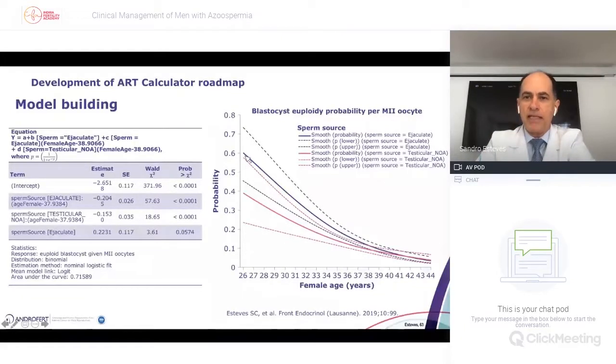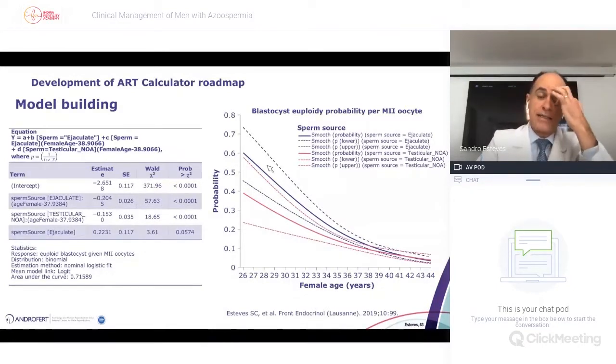As you can see in this graph, the probability of a metaphase 2 oocyte turning to a euploid blastocyst decreases with female age. The purple line relates to ejaculated sperm for ICSI, and the pink line relates to use of testicular sperm from patients with non-obstructive azoospermia.